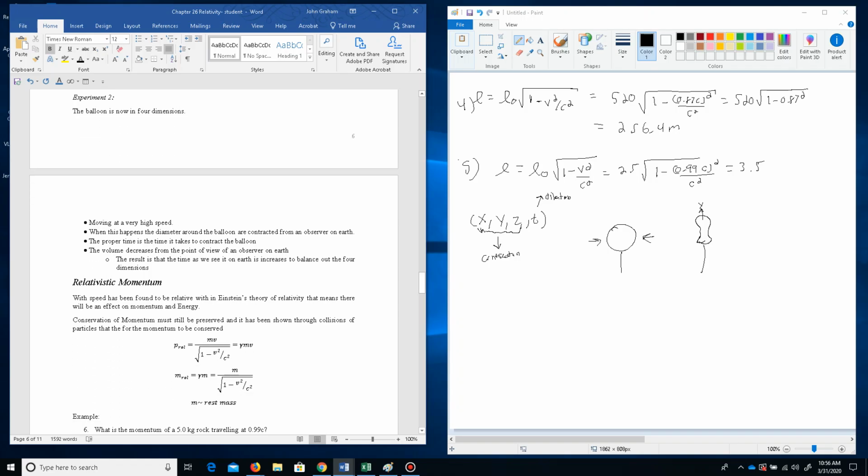Because it's moving at a very high speed, you get the diameter around the balloon contract based on the observer. So this balloon, when it moves at high speed, becomes smaller in all dimensions. And because of that, you end up with the time increasing in length.